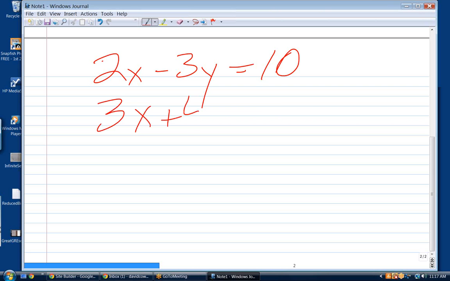I think it was something like this. Tell me what methods you've learned using matrices to solve a system of equations with some unknown number of variables.